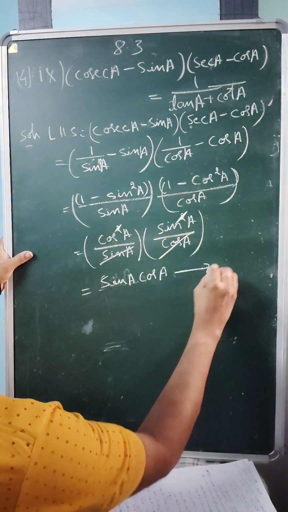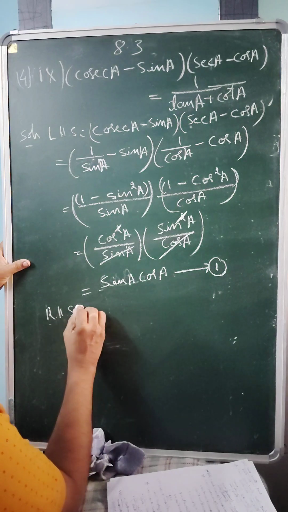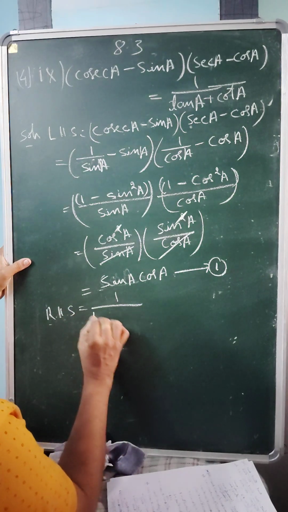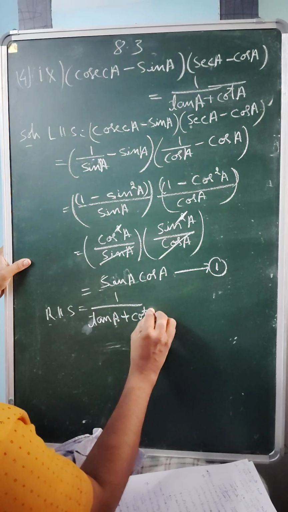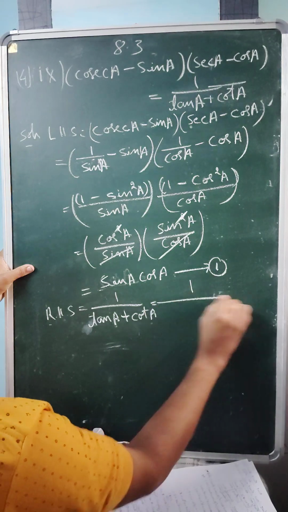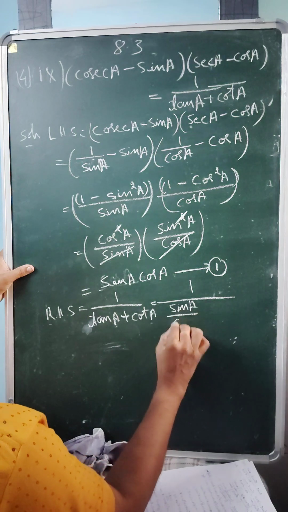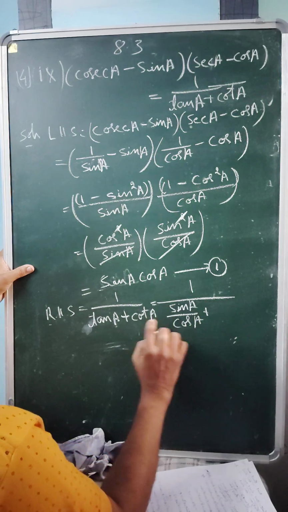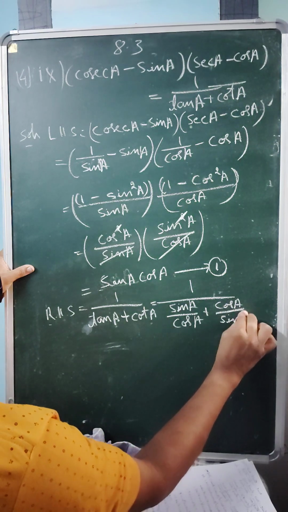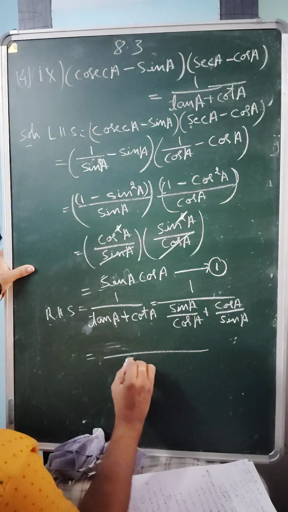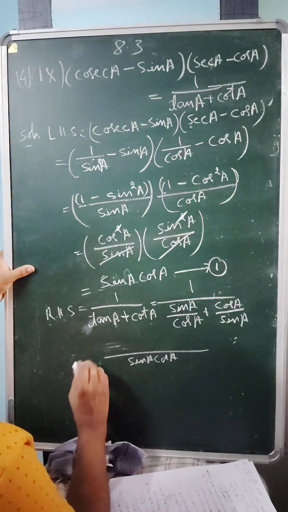This is equation number 1. Take RHS: 1 by tan A plus cot A is equal to 1 by, instead of tan A, sin A divided by cos A, plus, instead of cot A, cos A divided by sin A. Take LCM for that, sin A and cos A, this is the LCM for the denominator.